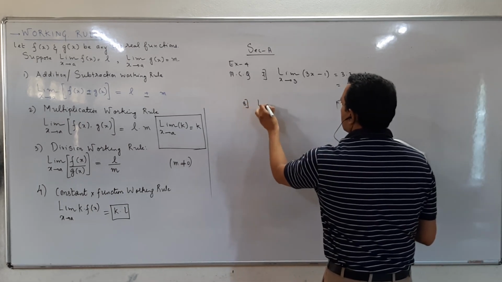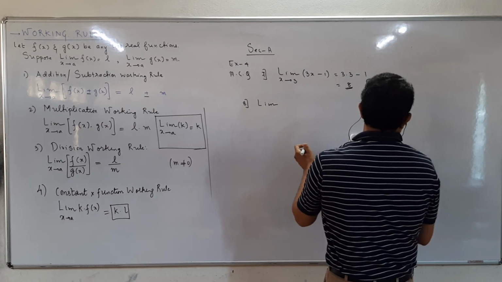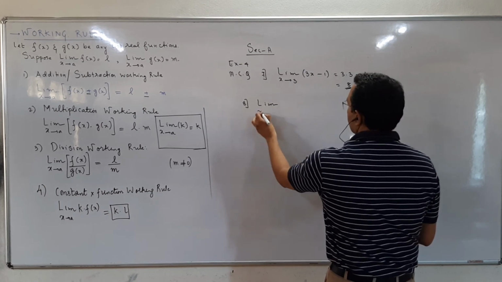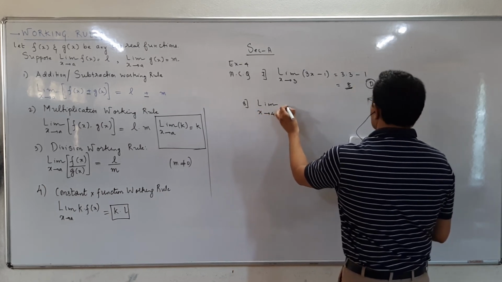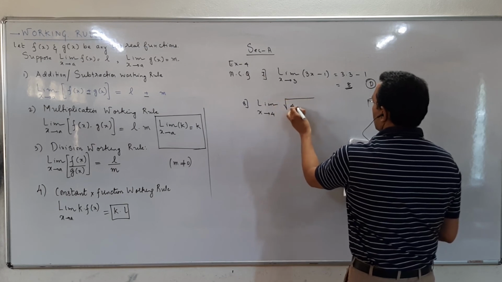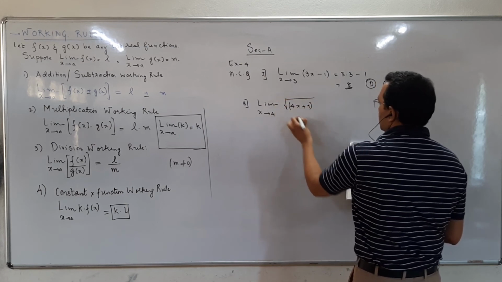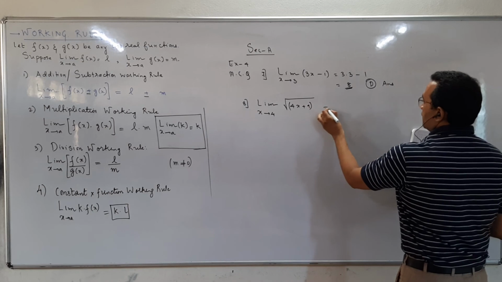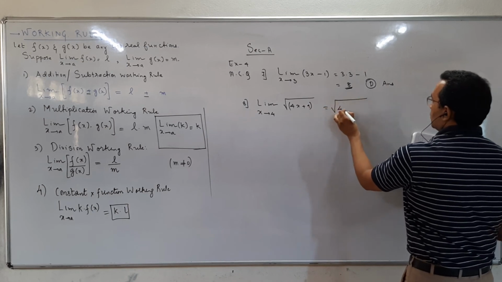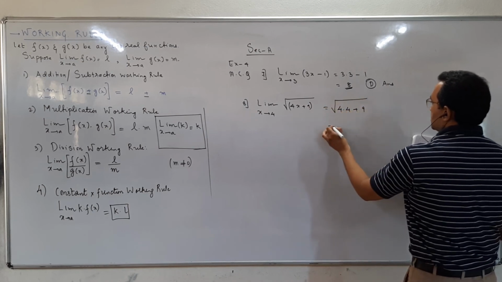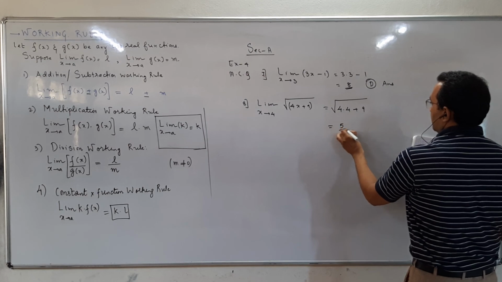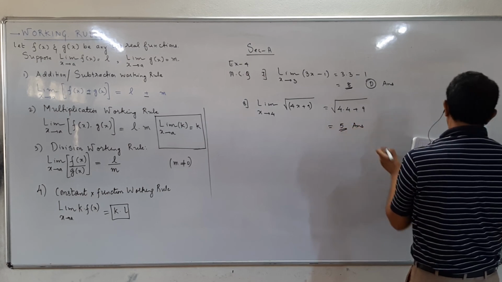MCQ 8, limit x tends to 4, square root of 4x plus 9. Replace this x by 4, so square root of 4 into 4, 16 plus 9, which is 25, and root of 25 is 5.